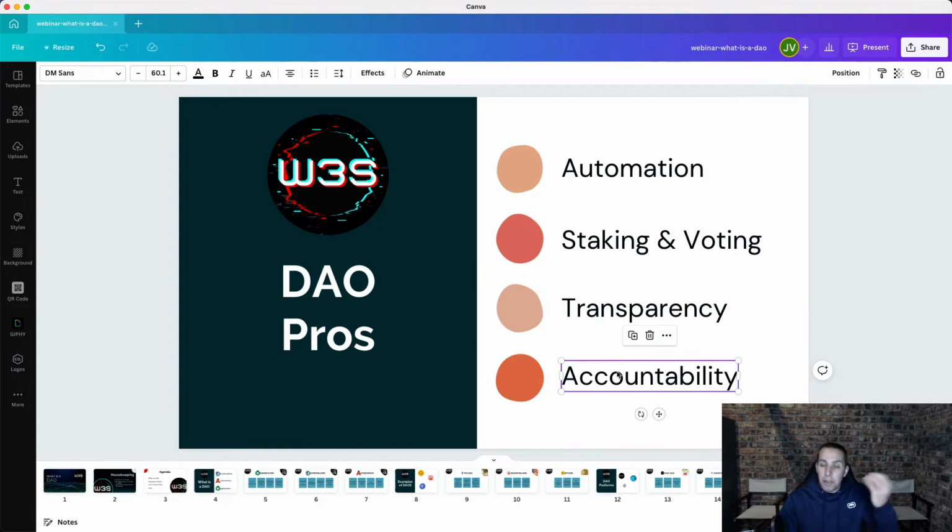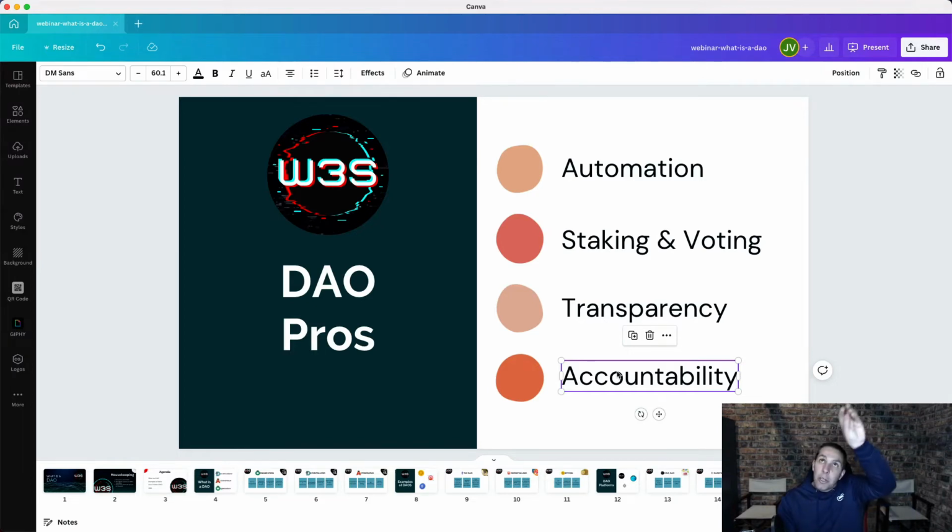And then finally, with that honesty comes accountability. And that's a big pro of a DAO as well. You don't have this top-down approach when it comes to DAOs, where you've got executives on a high level and they make decisions on behalf of the rest of the community or organization because they have to make promises to investors, which is very fair. The whole movement with a DAO just changes everything.